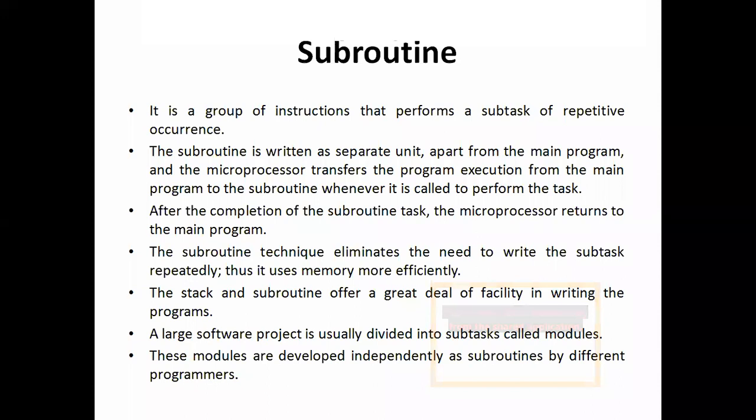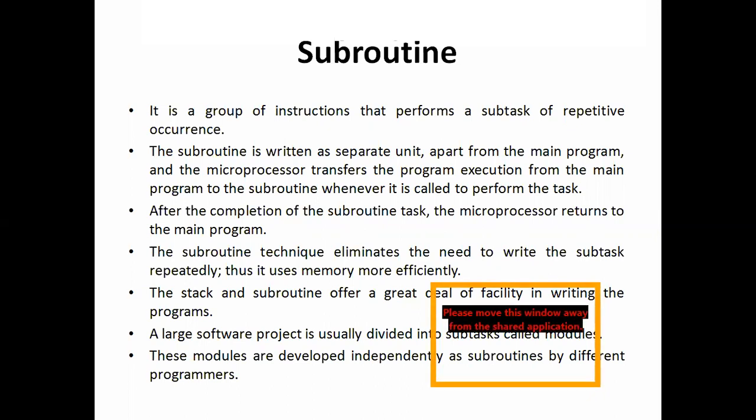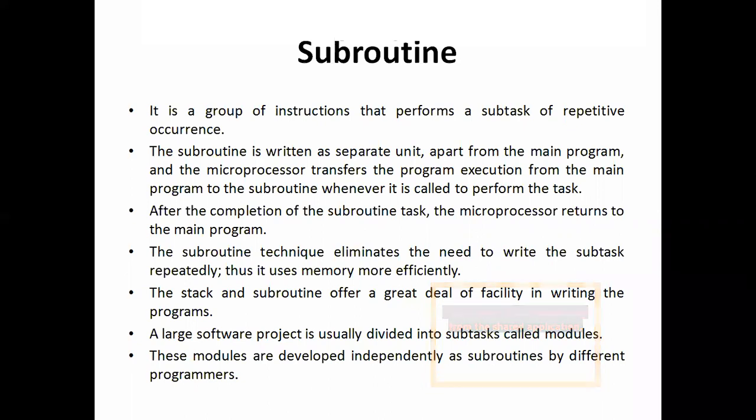If there are repetitive occurrences of some instructions in the program, instead of writing the same set of instructions repetitively, we write that set of instructions somewhere else in the memory, and whenever it is required, we call it in the form of a subprogram. So we divide the program into two parts.